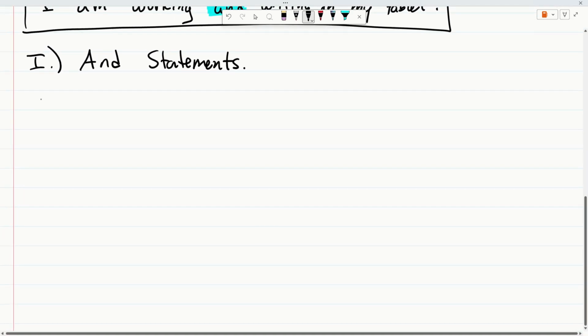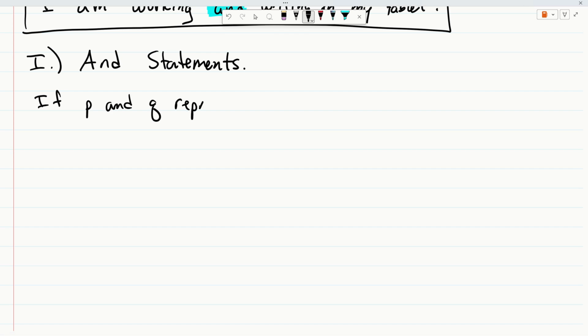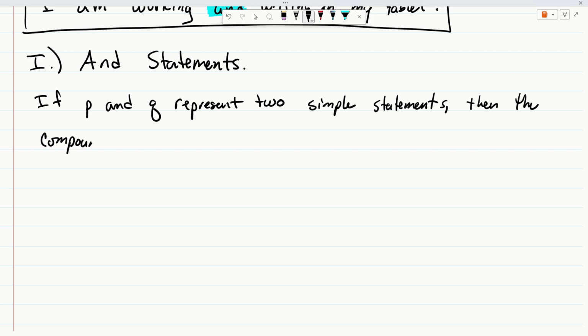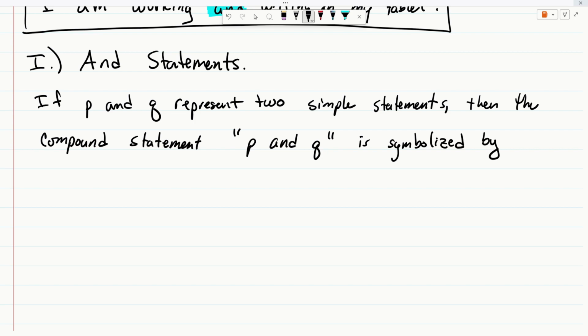So if P and Q represent two simple statements, then the compound statement P and Q, so there's our compound statement, is symbolized by that notation right there.